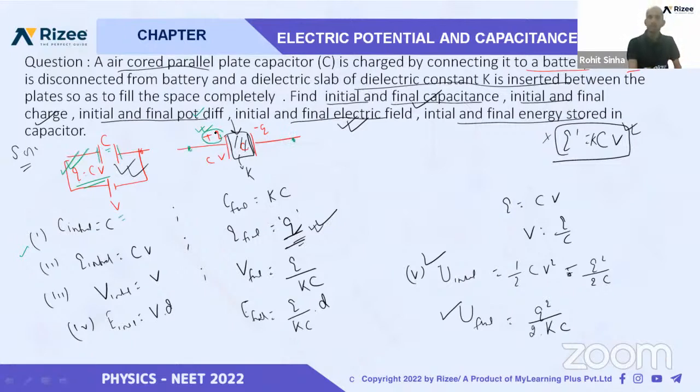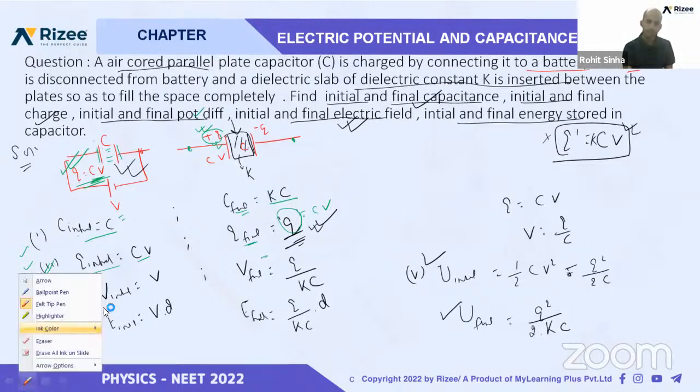Initial capacitance is C, and final capacitance will be Kc, K multiplying C. Initial charge is Q, that is CV. Final charge will also be Q, that is CV, because charge is conserved, no change in the value of charge.